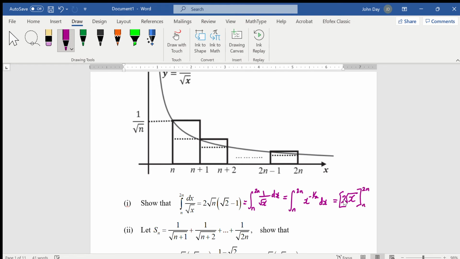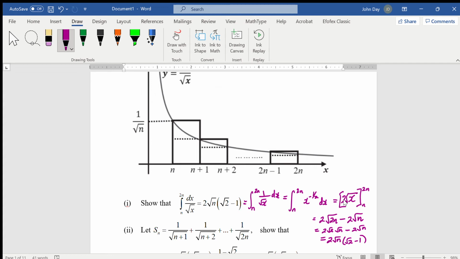So they substitute in and get 2 root 2n minus 2 root n, which is 2 root 2's root n's minus 2 root n's. So you can see you can pull 2 root n out, and you have a root 2 minus 1. So the first question's no big deal. That works out pretty easily.